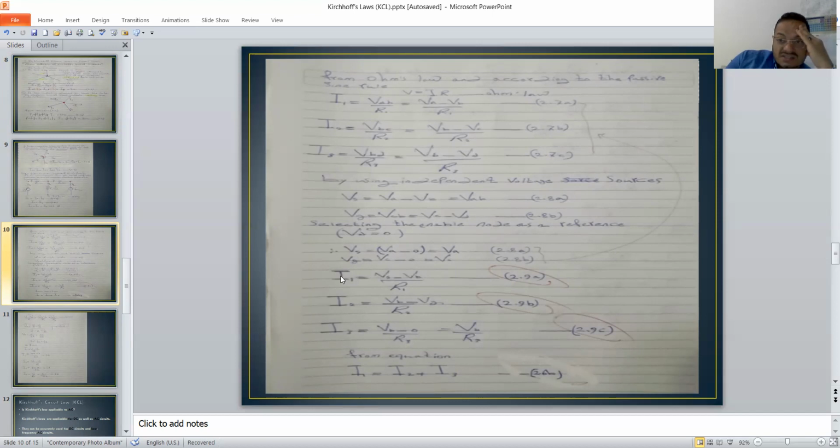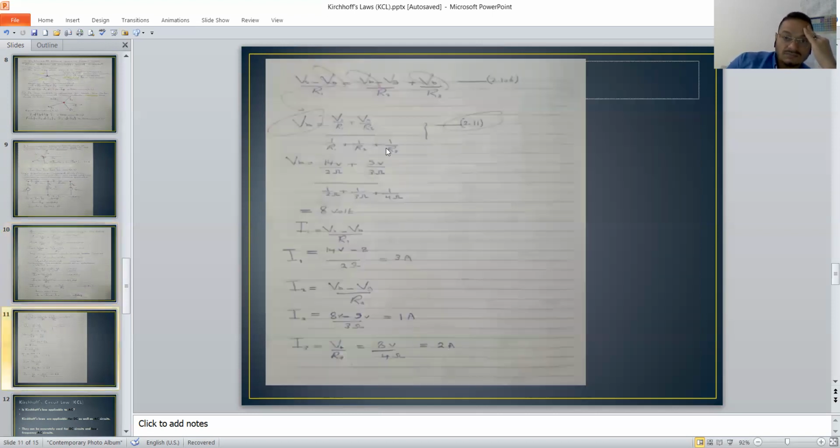Here, let's calculate all of them. Let's prove by proving the input current equal output current, like I said before: input current I1, output currents I2, I3, that means I1 equal I2 plus I3, and let's put all of these three results here, and it will be like that.